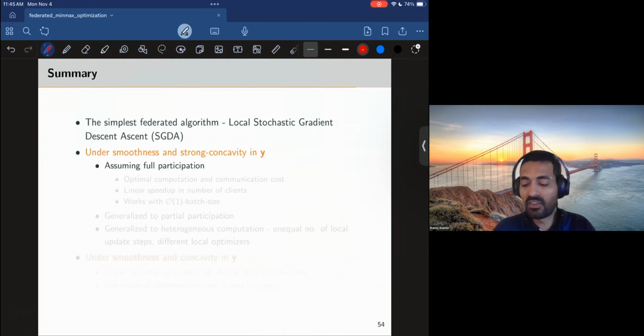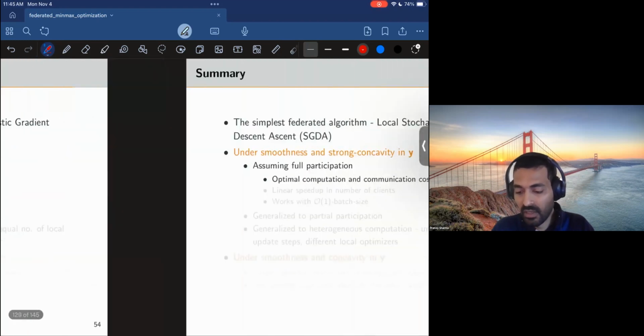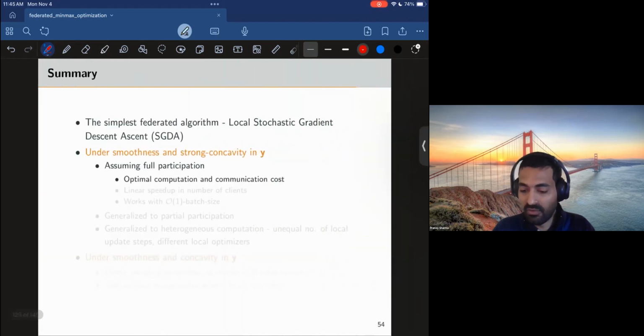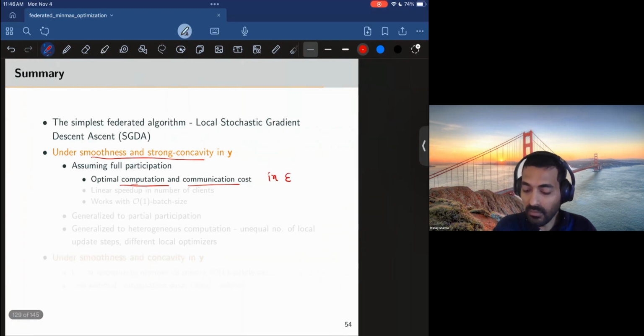First, for simplicity, we assumed full participation and looked at the convergence and complexity results. We showed that for this class of problems, local SGDA achieves optimal computation and communication cost, optimal in epsilon.